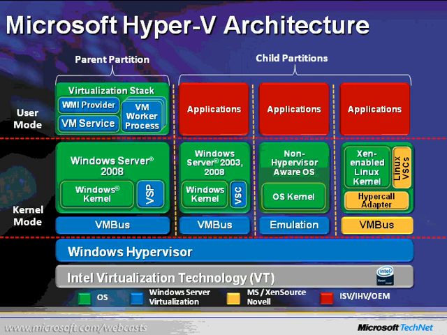And installing the parent partition with the Server Core option is a very common way of deploying Hyper-V within large data center production environments. One point to note about the Server Core installation is that Server Core does not provide a graphical window manager. It does not provide Windows Explorer.